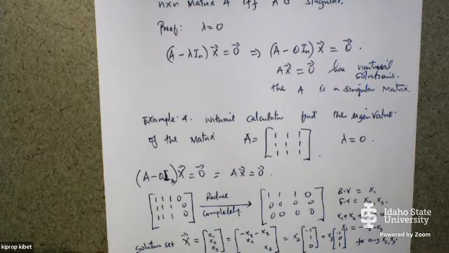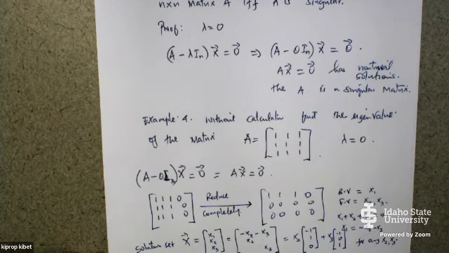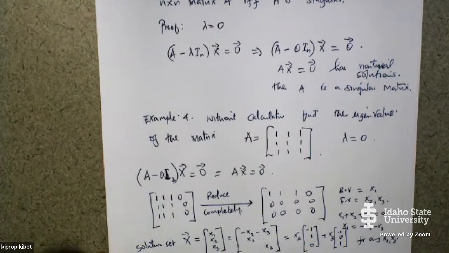So then negative 1, 1, 0, and negative 1, 0, 1 are linearly independent.